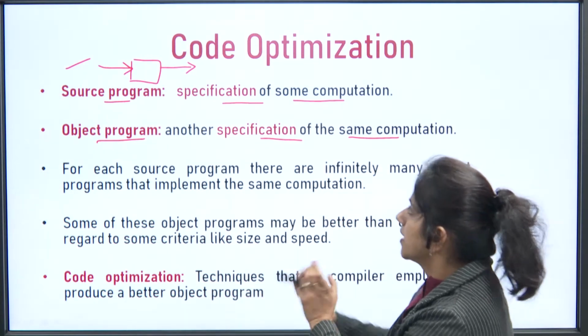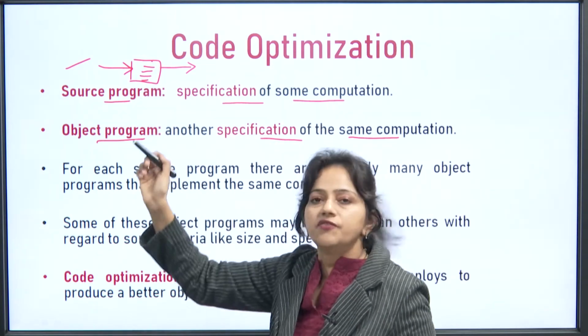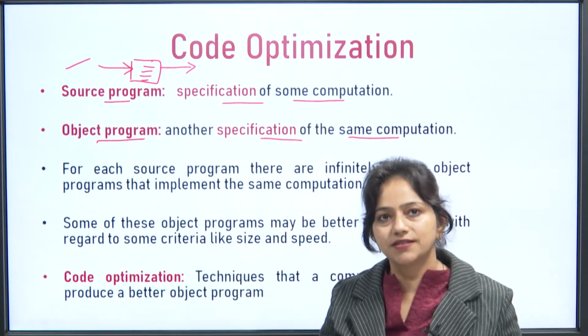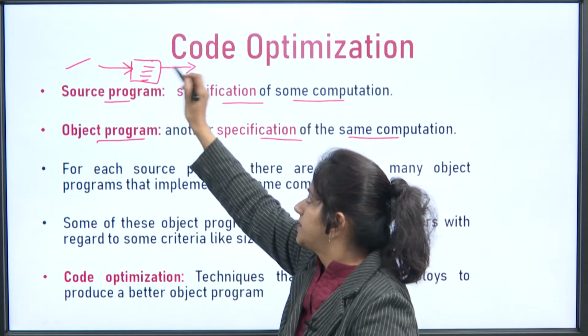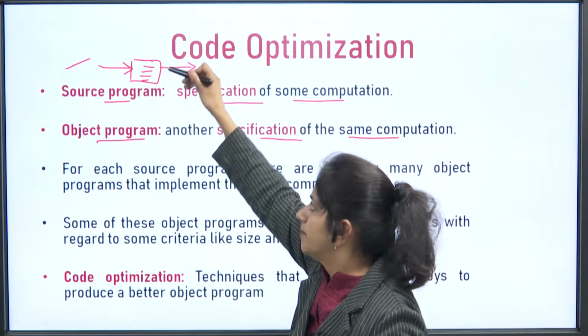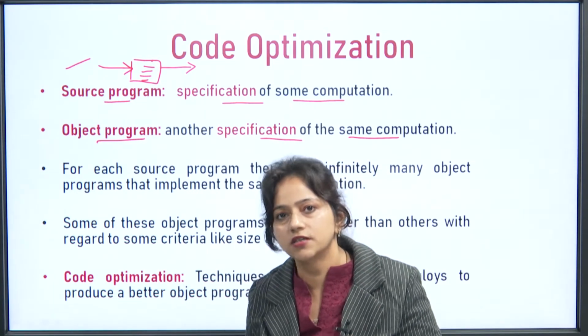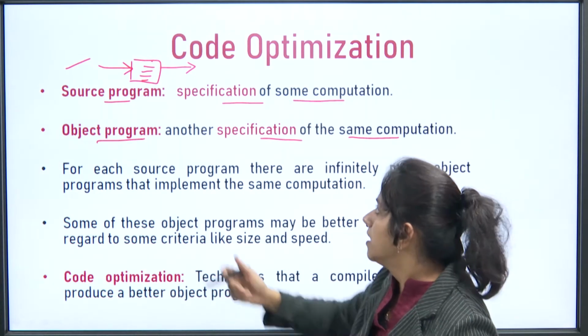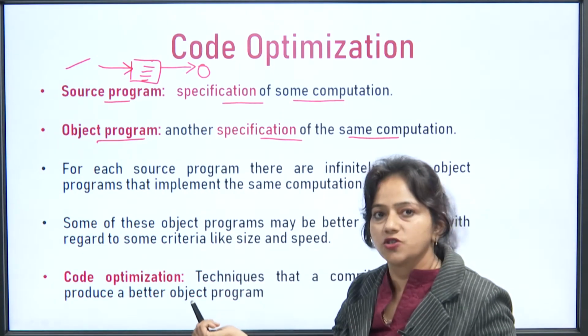If we are talking about the compiler, then here we have many phases, and among all phases one phase is the code optimization phase. Here, some translations, some transformations and some improvement in the code will be done, and we will obtain the object code.